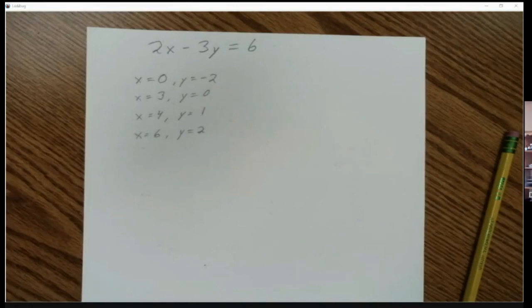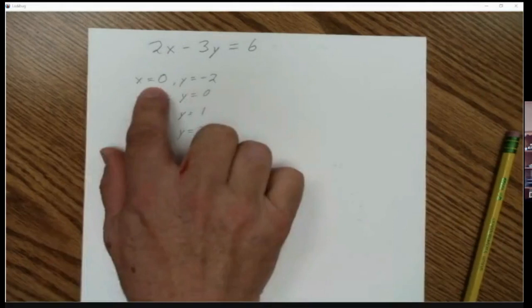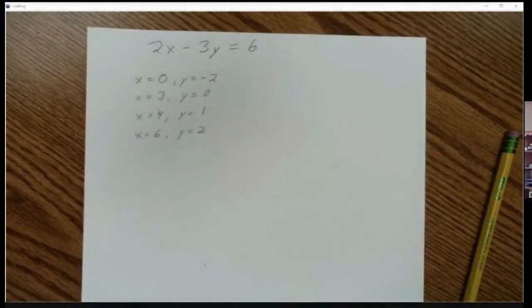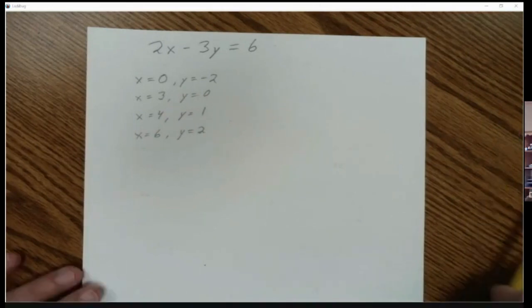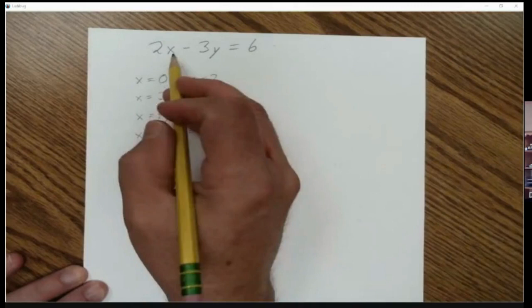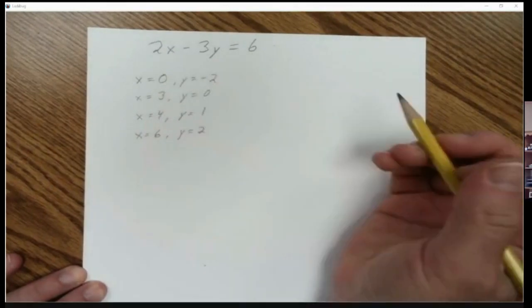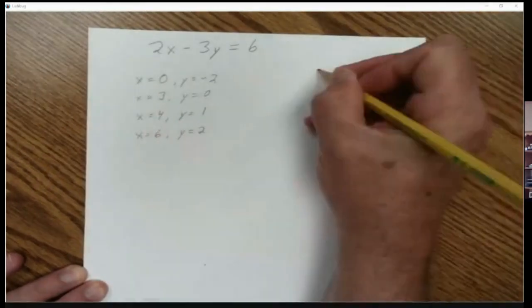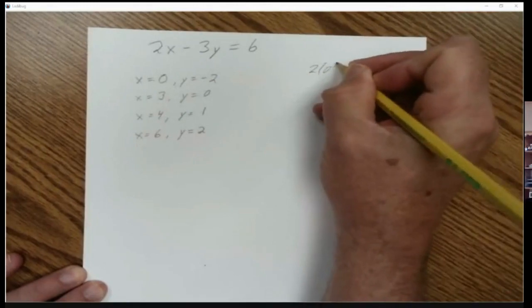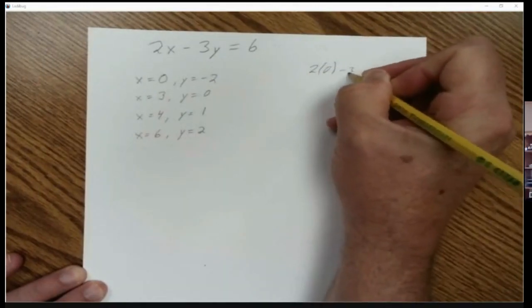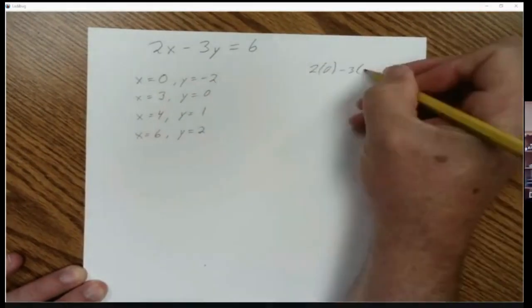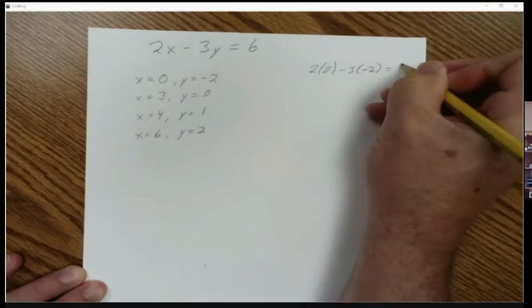So with that, what if I propose 4 different possible solutions? And we say, okay, we want to know, is this a solution? If we look at x equals 0, y equals -2, can we find out if that's a solution? Sure we can, and there's more than one way to do it. We can just take this x and substitute it in, and take this y and substitute it in, right? So we could say 2 times 0 minus 3 times -2 equals 6.